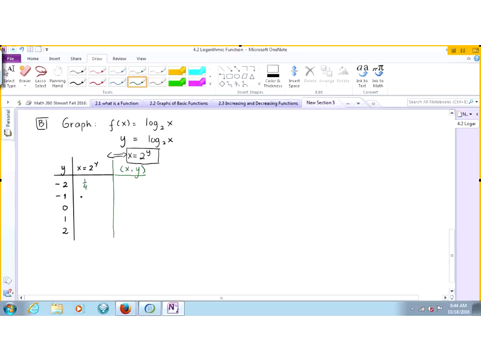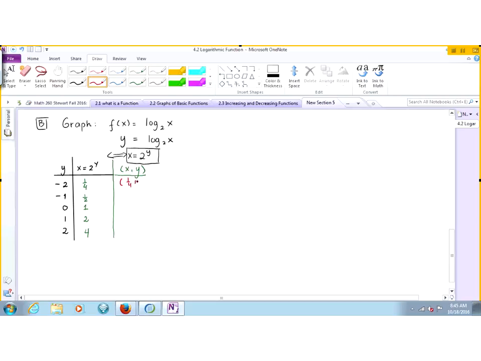So what is 2 to the -2? 1/4. 2 to the -1. Half. Good. 2 to the 0. 1. Okay. 2 to the first power. 2. And 2 squared. 4. All right. Now this is x comma y, not y comma x.